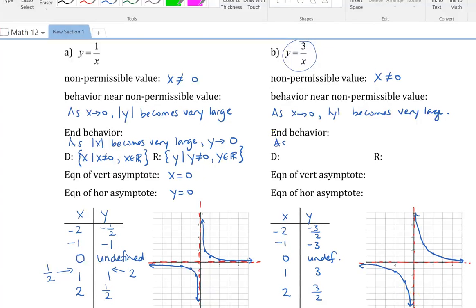The end behavior, as the absolute value of x becomes very large, so whether it's approaching positive infinity or negative infinity, the y value again is approaching 0. And then finally, the domain is x cannot equal 0, range is y cannot equal 0, the vertical asymptote is x equals 0, and the horizontal asymptote is y equals 0.